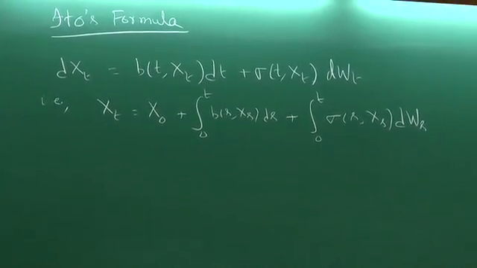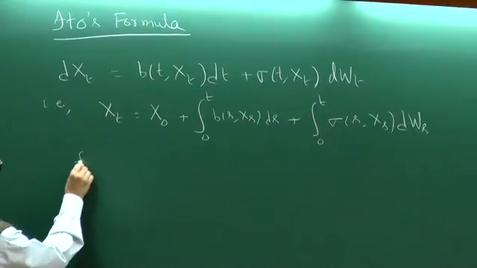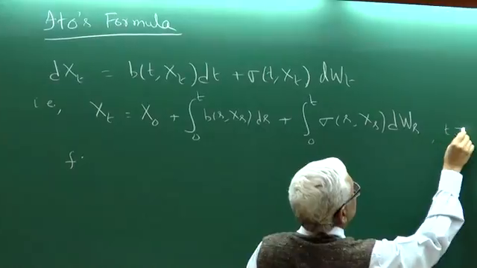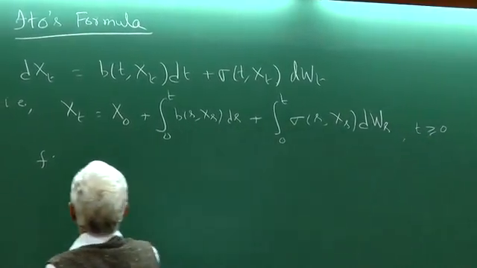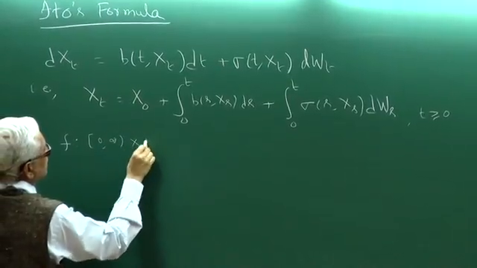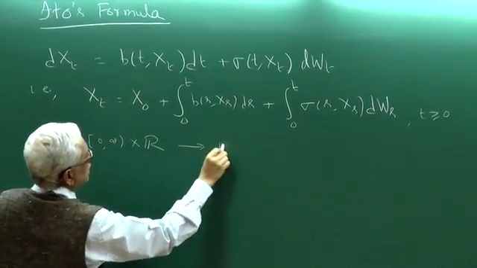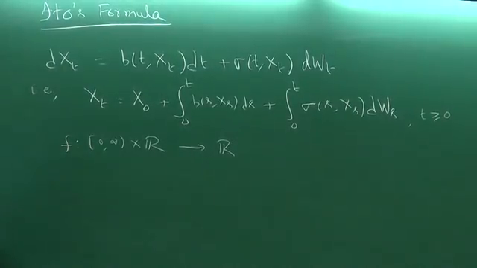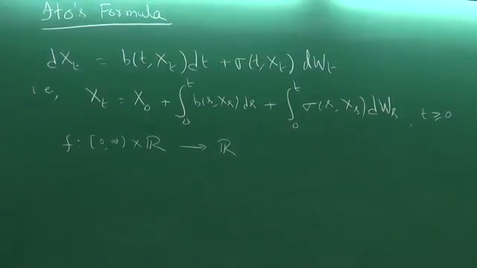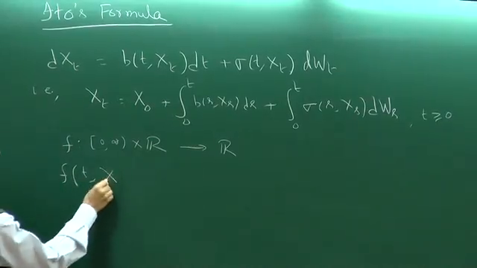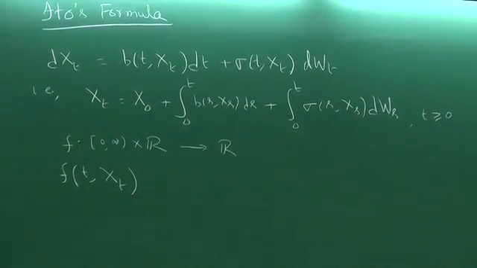Now suppose that f is a function, say we are taking time positive. So f is a function from 0 to infinity cross R to R, and we want to find out what is the value of f(t, x_t).